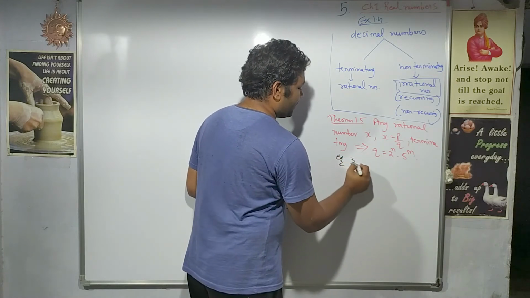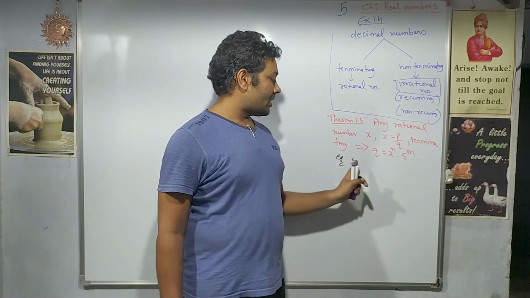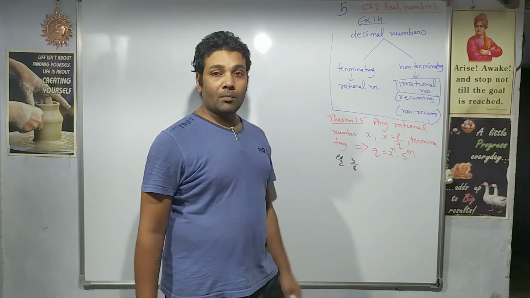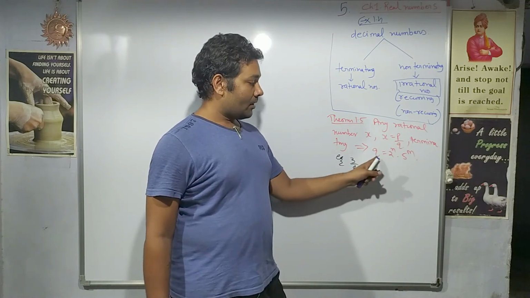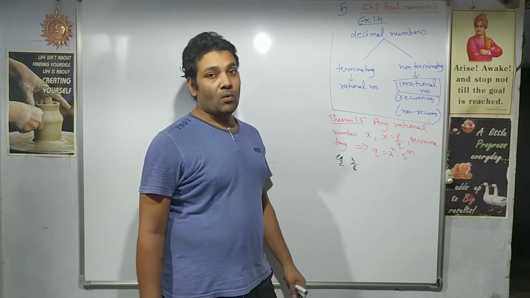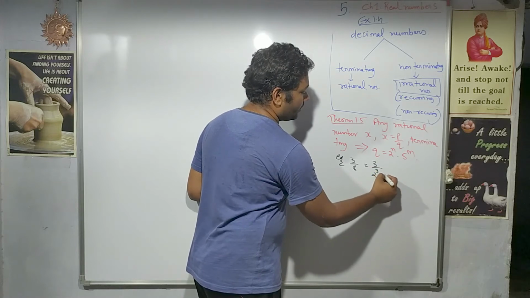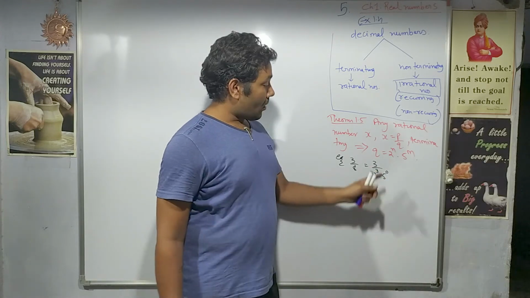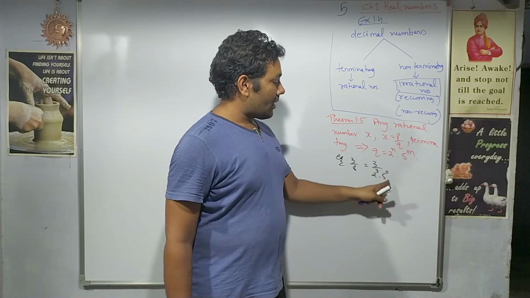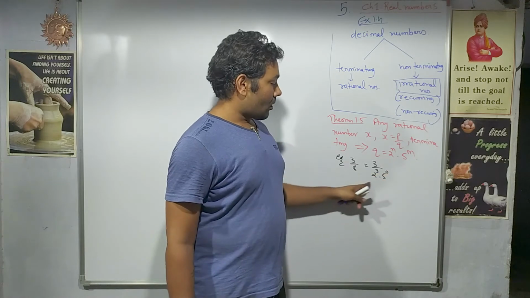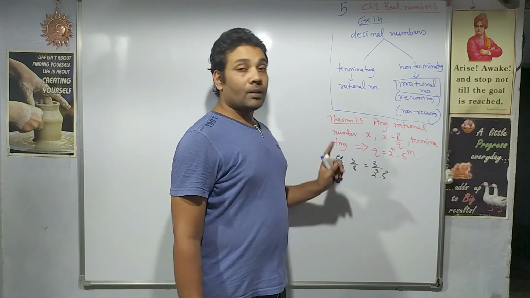Take the example of 3 by 8. Is this a rational number? Obviously yes, it is expressed in p by q form, so it is a rational number. Then can the denominator be expressed in this form? Obviously yes. This can be written as 3 into 2 to the power 3, 5 to the power 0. So it is in the format of 2 to the power something, 5 to the power some digit. If the denominator is in this form, then the number will be terminating in nature.